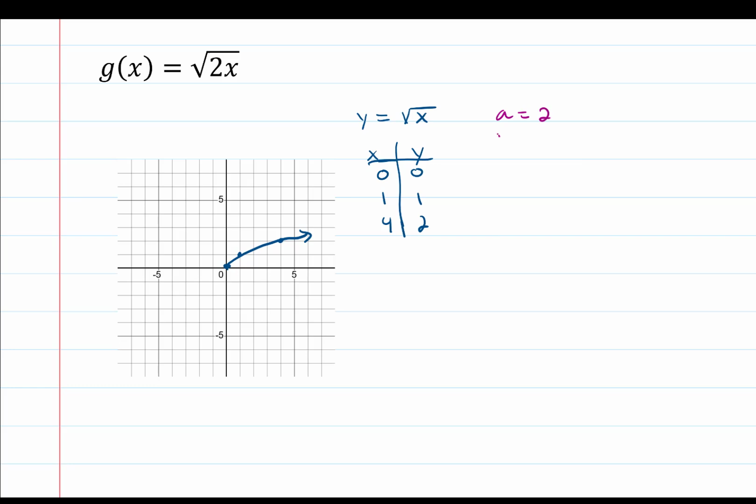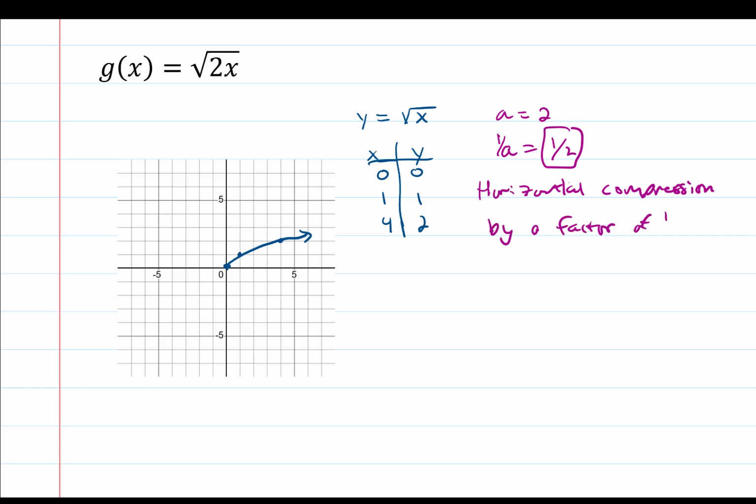Well, if a is equal to 2, then 1 over a is equal to 1/2. This tells me then, because that 1/2 value is between 0 and 1, this represents a horizontal compression by a factor of 1/2, which means I'm going to multiply all of my x coordinates by that factor of 1/2 to get my new graph.